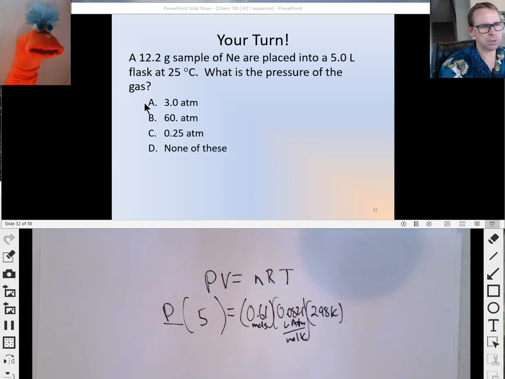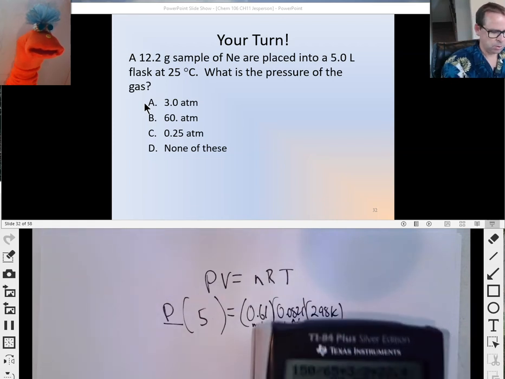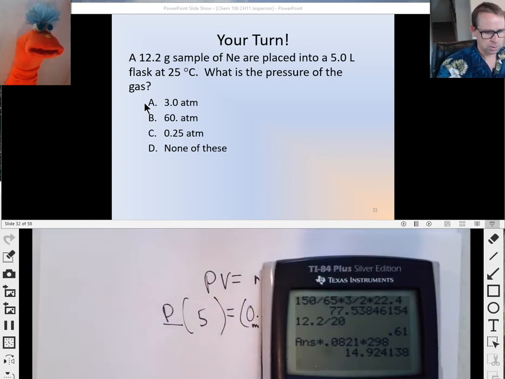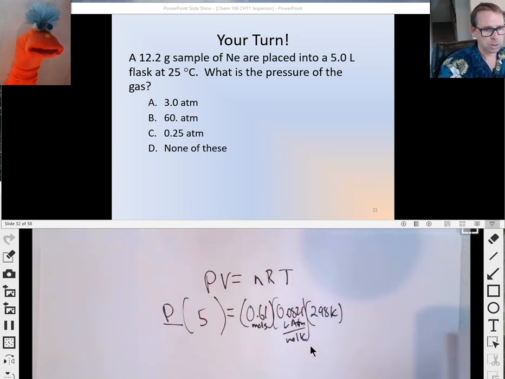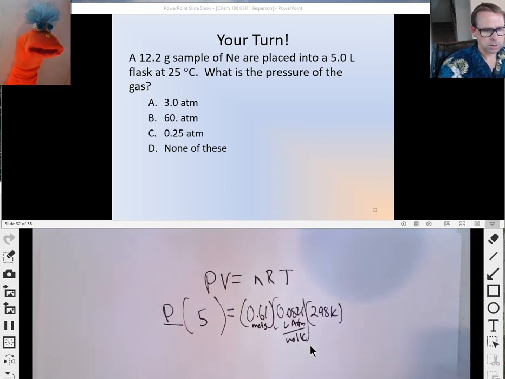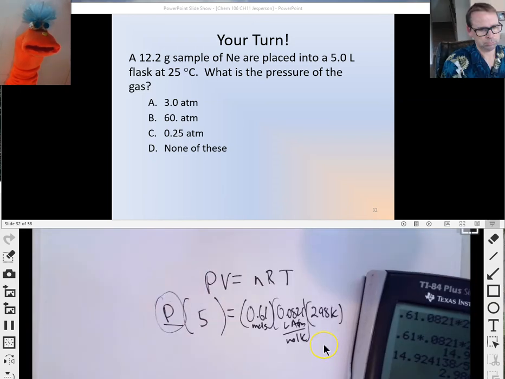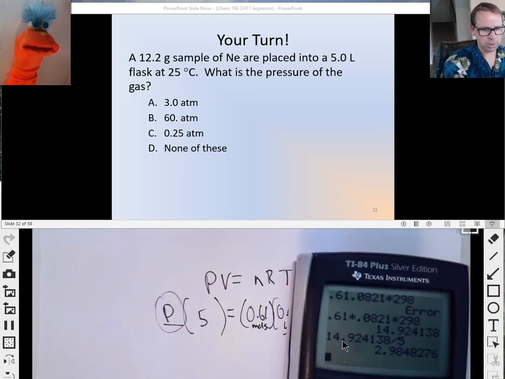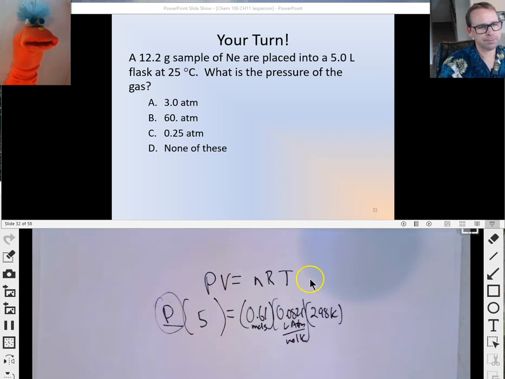What did I do wrong there? 0.61 times 0.0821 times 298 divided by 5, and that should be 2.98, so 3 atmospheres. All right, excellent.